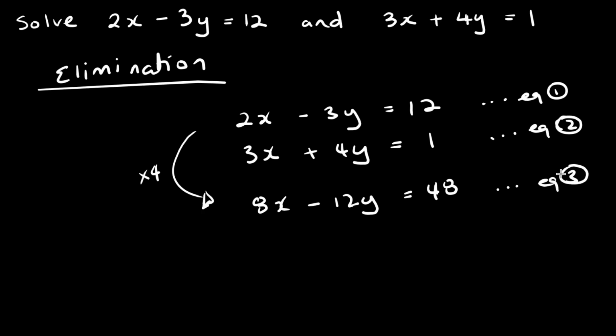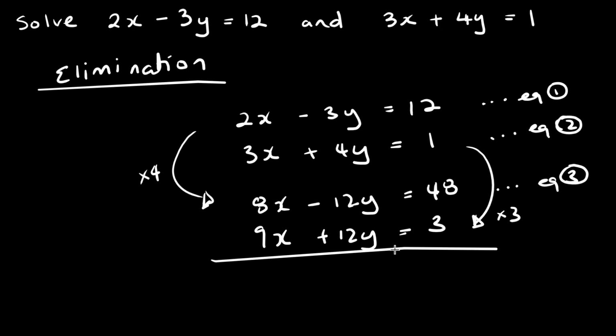By now you know the process, right? So for this one here, we're going to multiply equation 2 by 3, and we get 3 times 3, 9x plus 12y is equal to 3. Now, remember, elimination involves either addition or subtraction. In this case, because the signs on both 12 and negative 12 are different, we're not going to subtract.